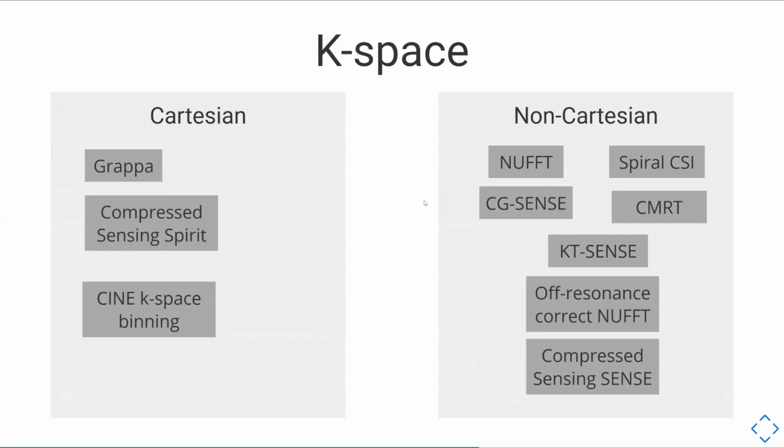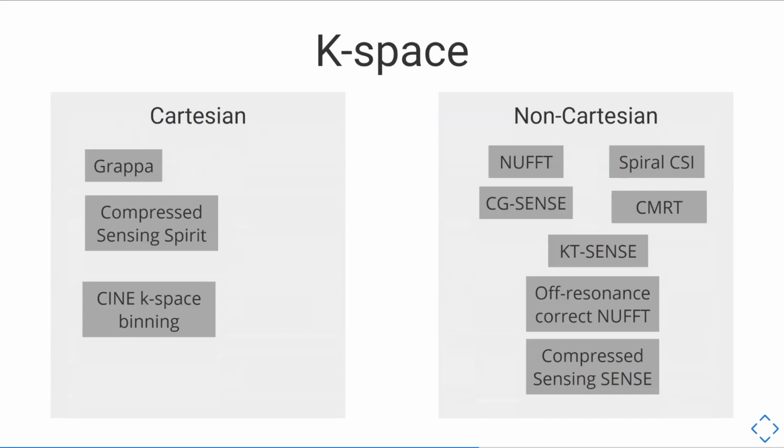For the K-space buffers, the gadgets that accept these as input are mainly the ones doing actual reconstruction. So we have Cartesian reconstruction, where GRAPPA is definitely the workhorse of Gadgetron.